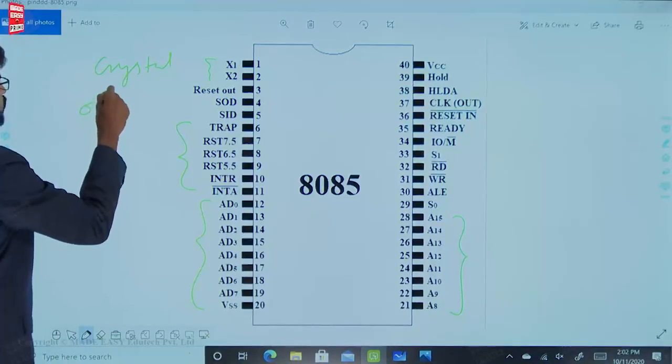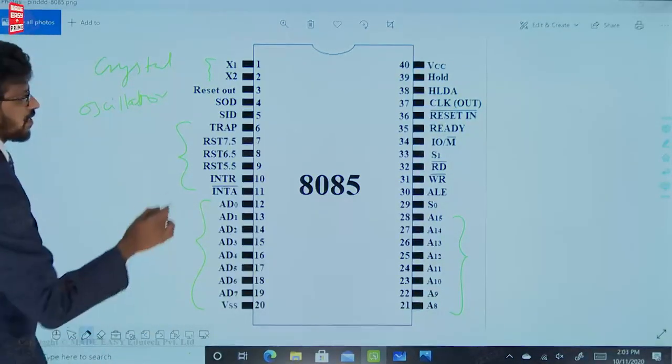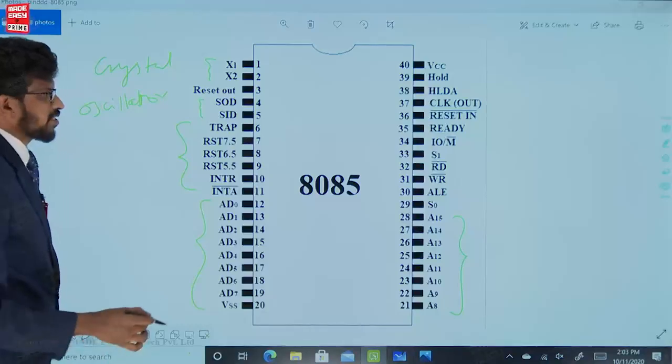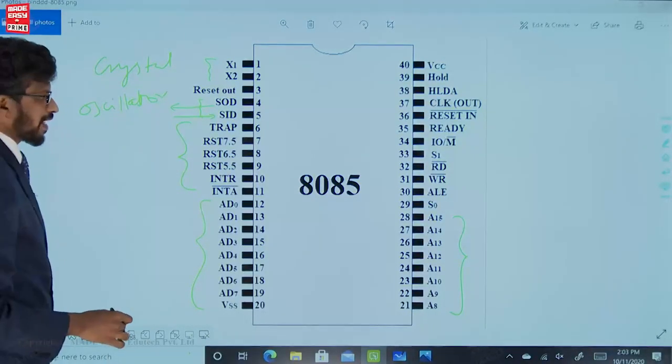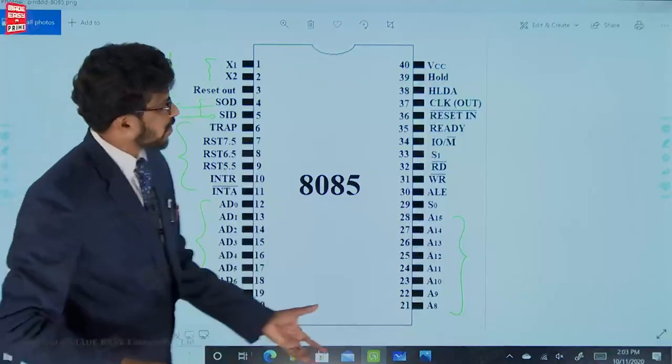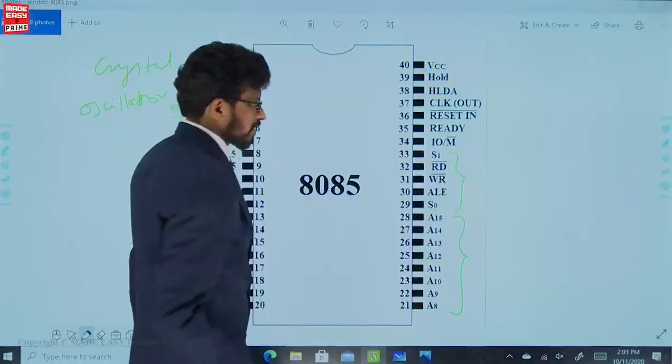Crystal oscillator is used so that the frequency is more stable. Fine. And these two pins are meant for serial communication, to receive the serial data and to transmit the serial data bit by bit.